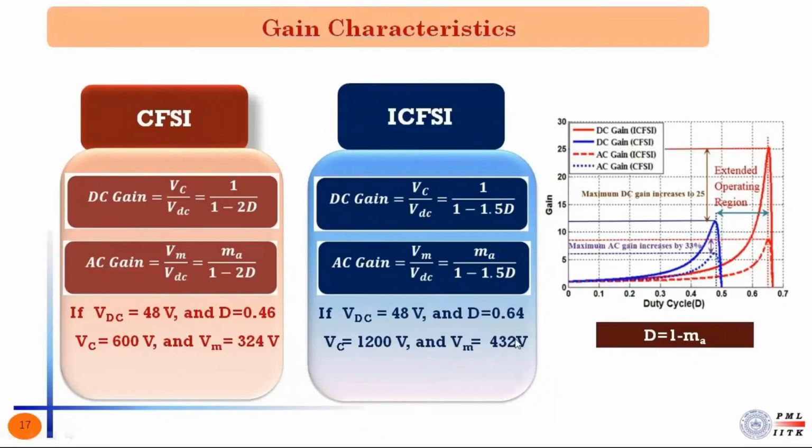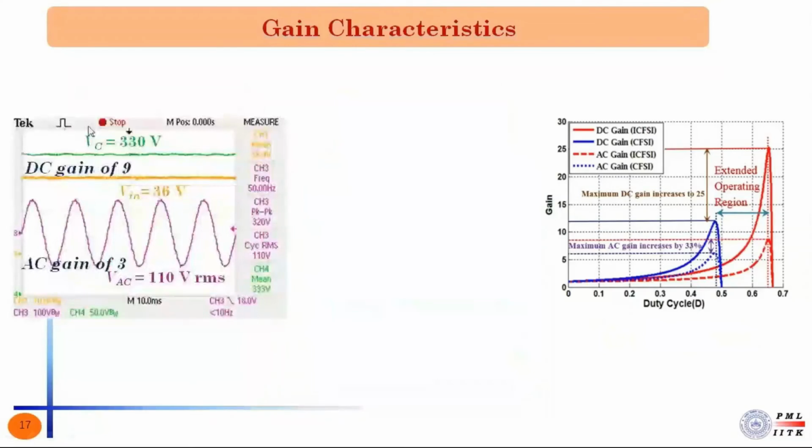Now this is the experimental waveform of CFSI, which captures the input DC voltage, which is 36 volt, and the DC link voltage, which is 330 volt, and the AC output voltage, that is 110 volt RMS. So here in case of CFSI, a DC gain of 9 and AC gain of 3 is achieved.